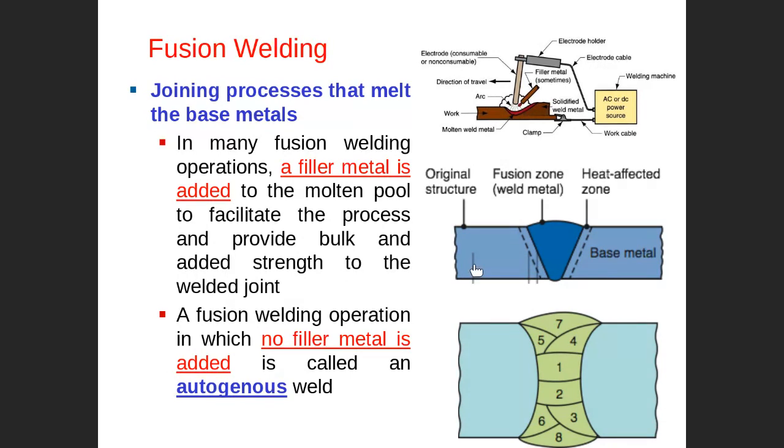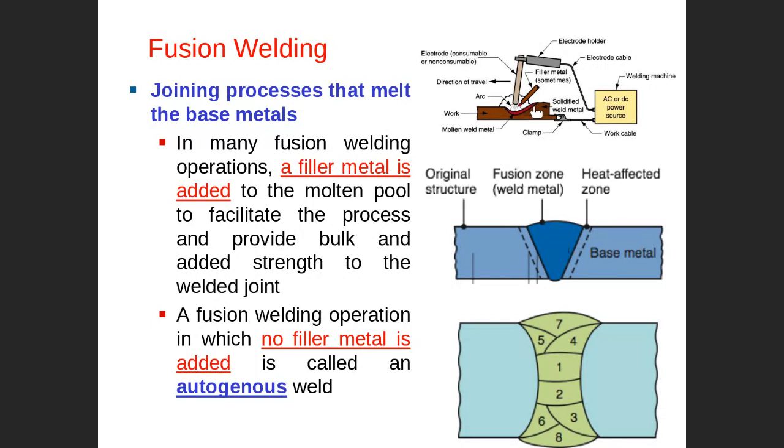Is it clear? In fusion welding, filler material is added to the melting pool to facilitate the process, compensate for the evaporated material, and provide bulk and added strength to the welding joint.